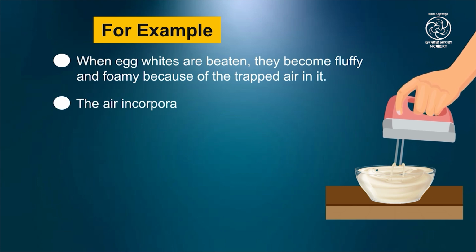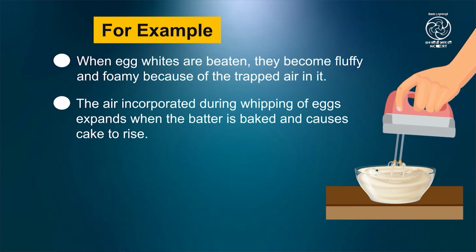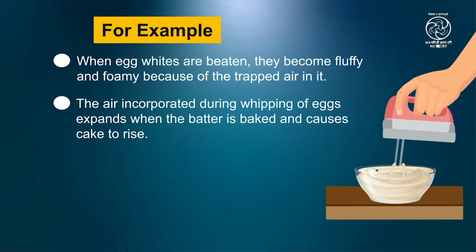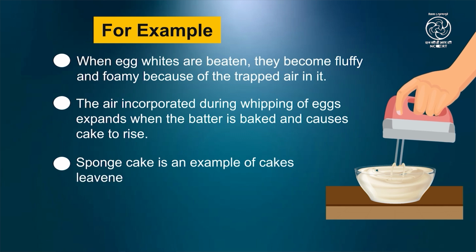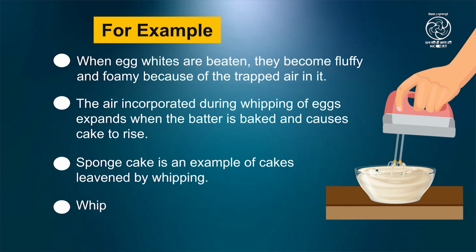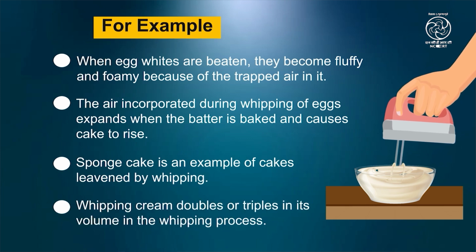The air incorporated during the whipping of eggs expands when the batter is baked and causes the cake to rise. Sponge cake is an example of cakes leavened by whipping. Whipping cream doubles or triples in its volume in the whipping process.